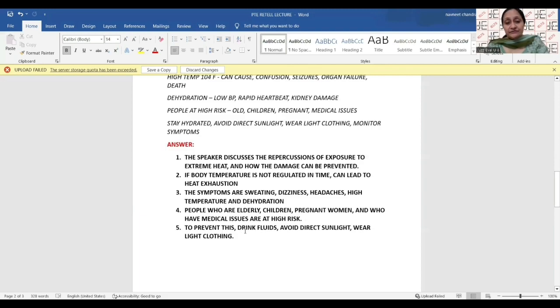To prevent this, drink fluids, avoid direct sunlight, wear light clothing. But if symptoms persist, please go to the hospital. So this has taken me exactly 35 seconds, which is more than enough for a Retell lecture.